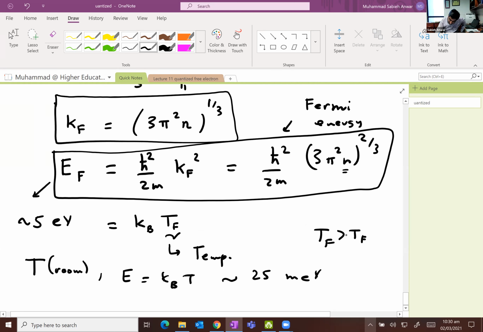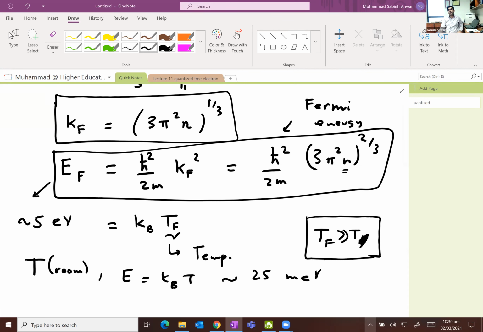The Fermi temperatures are much larger than T. So the electrons, in a sense, are extremely hot because of the Pauli exclusion principle. If you were to put a thermometer inside the electrons, you won't be able to measure this temperature because this is not thermal energy. This is the energy that arises because of the Pauli exclusion principle. Sometimes it is called the degeneracy pressure.